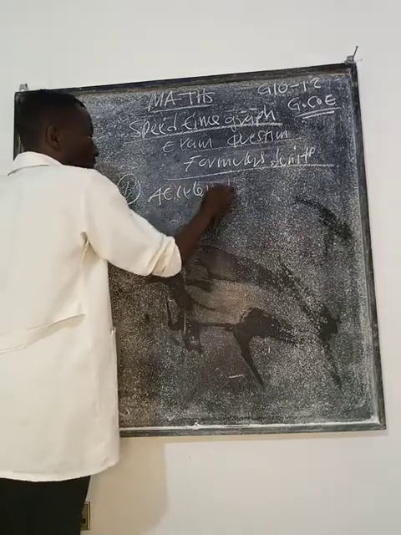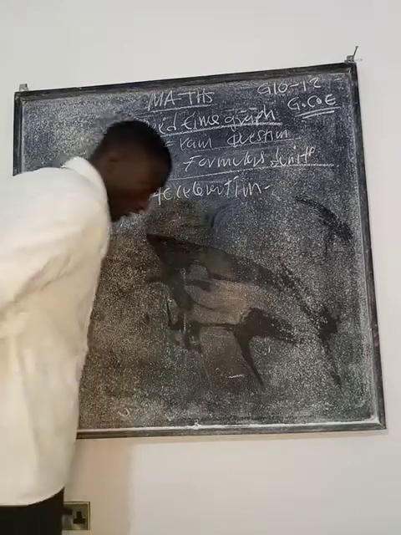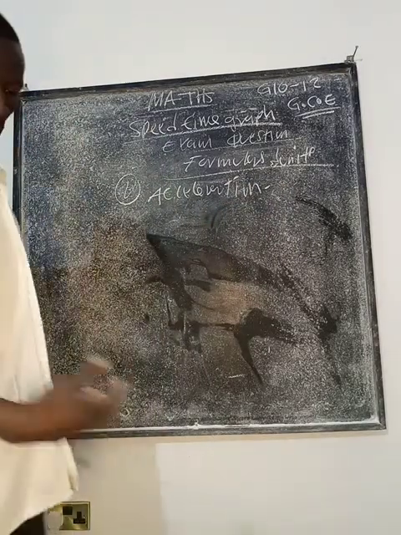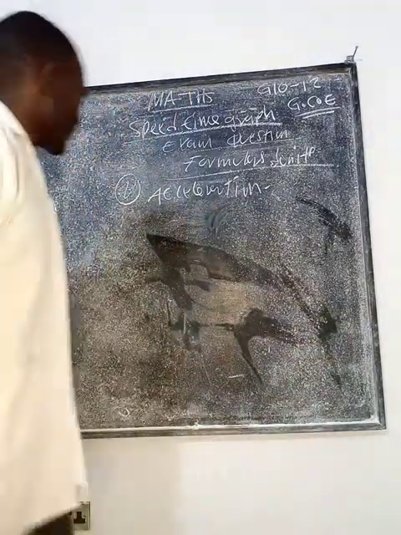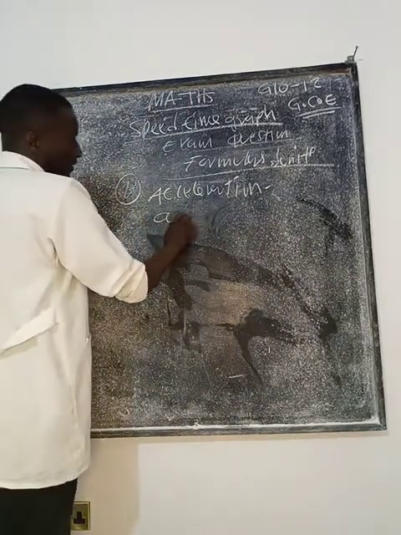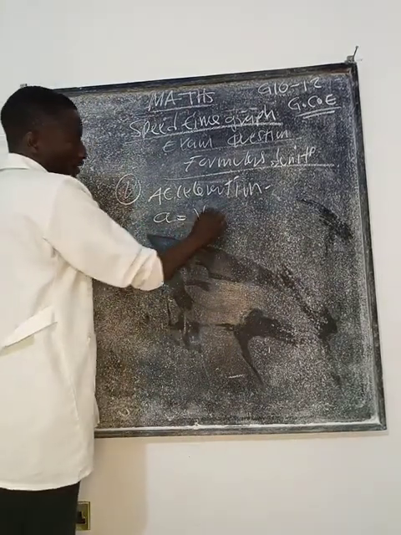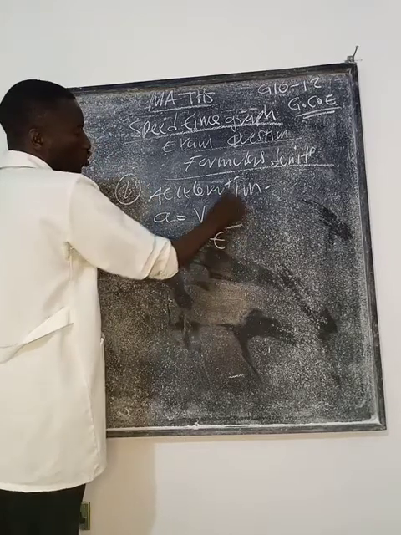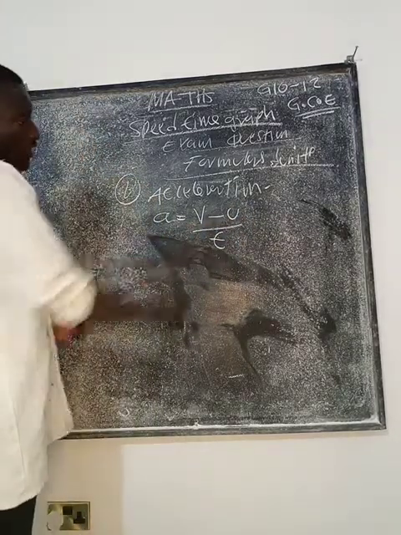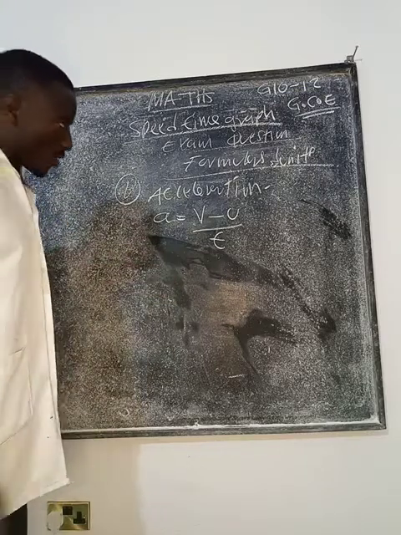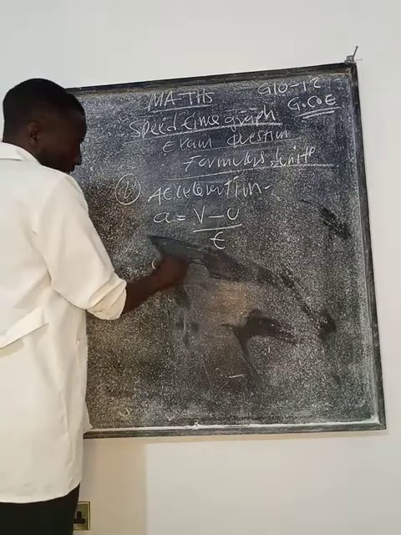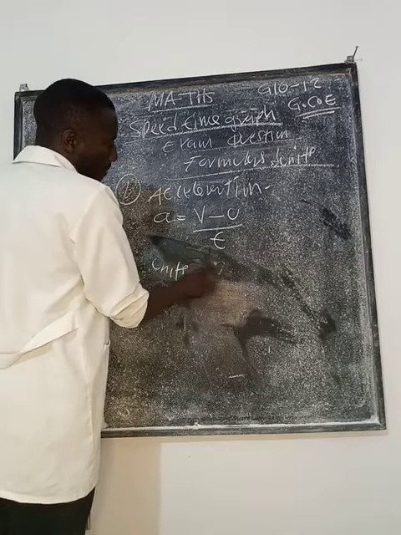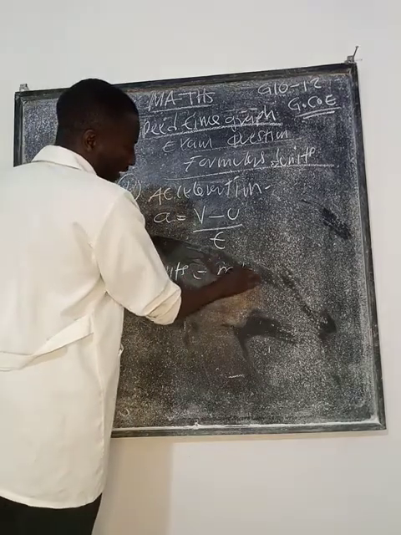Formulas and units. They will ask us to find what we call acceleration. In physics, we say acceleration is the change in velocity with time. The formula is a equals final velocity minus initial velocity over time. Don't say initial minus final. No. Final velocity minus initial over time. Then the units are meters per second squared.